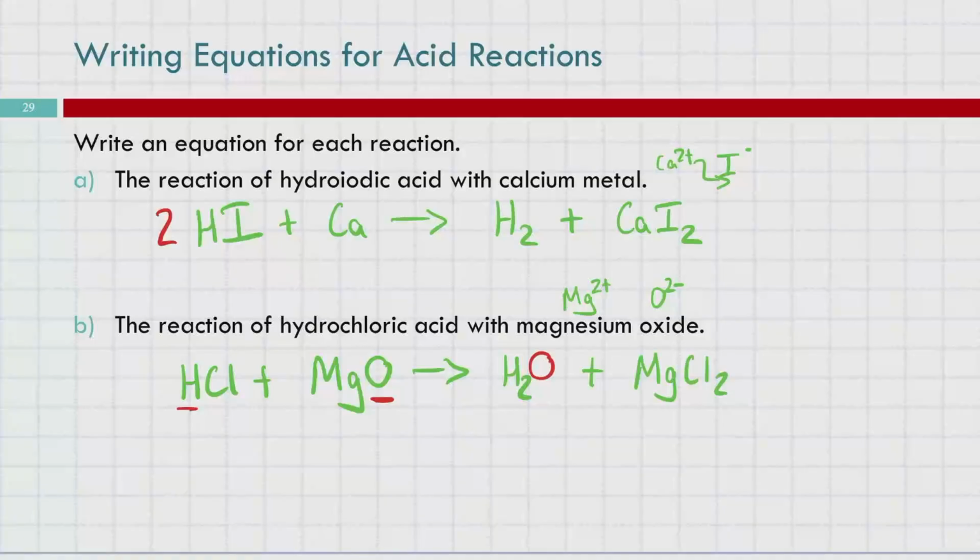So they go together in a 2-to-1 ratio, similar to the calcium and iodide in the previous problem. And to balance this one, we also add a 2 in front of our HCl. You won't always add a 2 in front of the acid, but in this case we are. Questions?